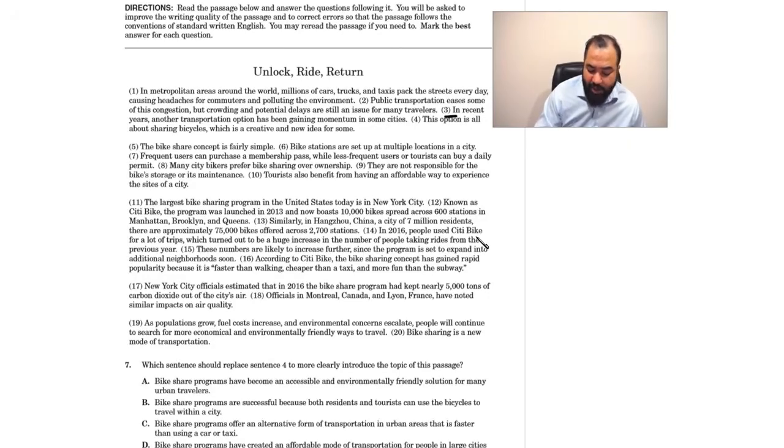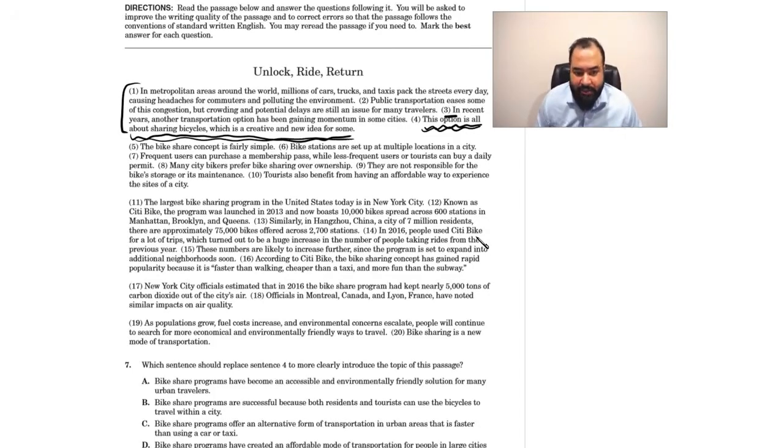This option is all about sharing bicycles, which is a creative and new idea for some. So you see, this is not a good way of introducing the topic sentence, right? It says, oh, the option is all about sharing bicycles. So he made the claims pretty well, nicely. He developed the paragraph, and he ended with the sentence that's supposed to be the main topic sentence, and he messed it up, whoever wrote this essay, right? So we have to edit it.